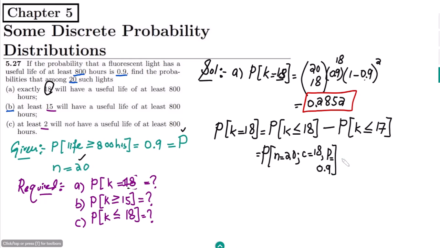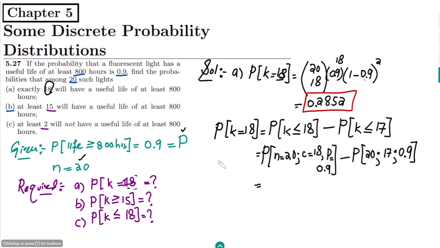From it I have to subtract the value where n is again 20, C is 17 and the probability is 0.9. I have to take both of these values and subtract them.